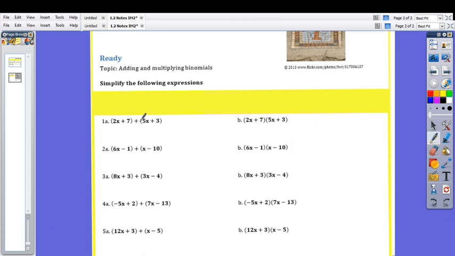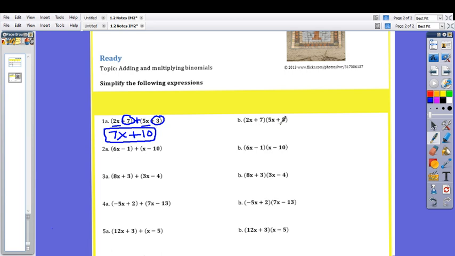When they are added together like here, you just simply combine the like terms. So 2x and 5x will make 7x, and then 7 and 3 will make 10. And then you cannot combine it more because they both are different. So that's our answer for this one.